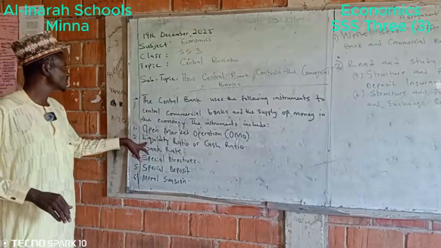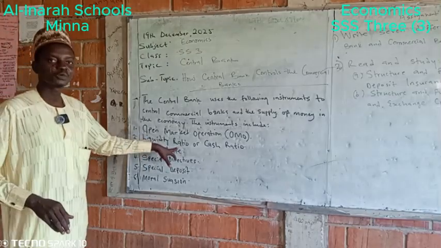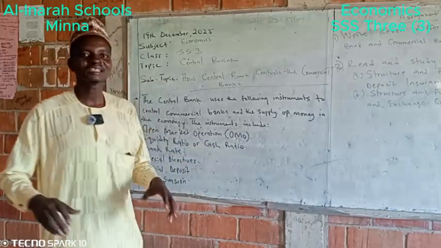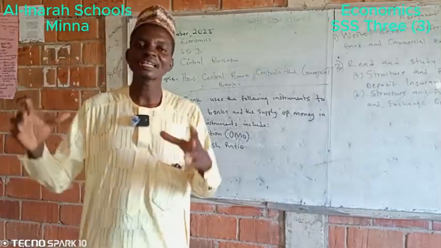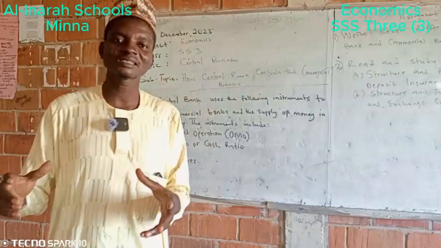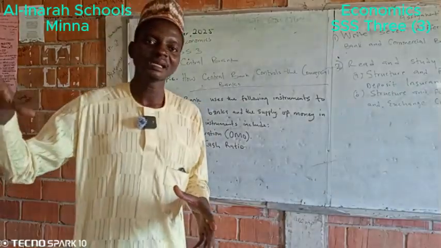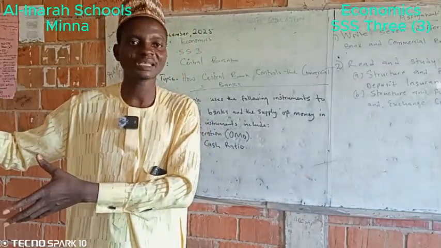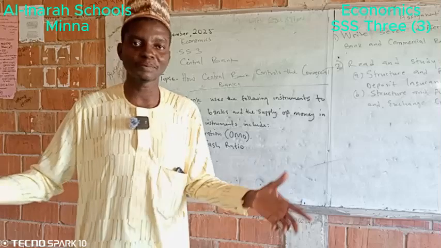The second one is liquidity ratio, which can also be called cash ratio. It is the proportion of total deposit of commercial banks that is compulsory for them to keep with the central bank, e.g. 25%, 30%.